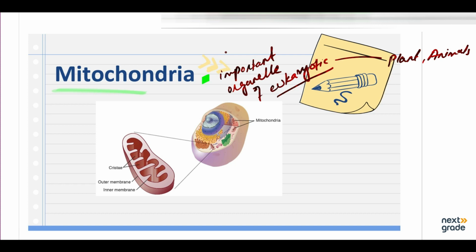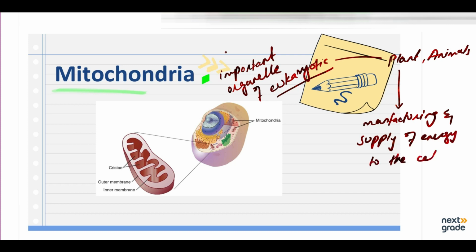Because it is involved in the manufacturing and supply of energy to the cell. So that's why it is an important organelle of the eukaryotic cell.